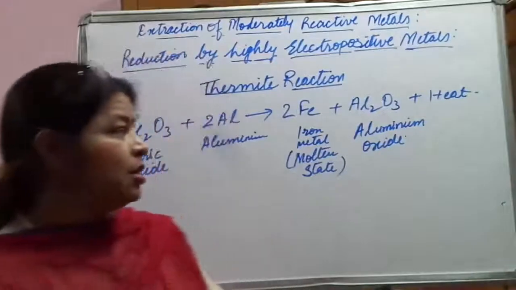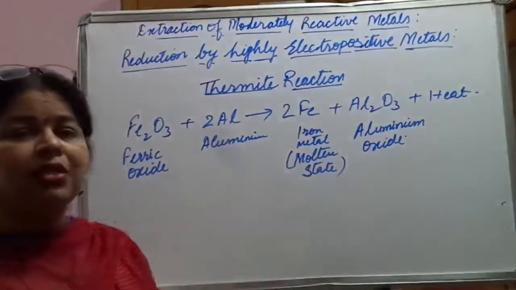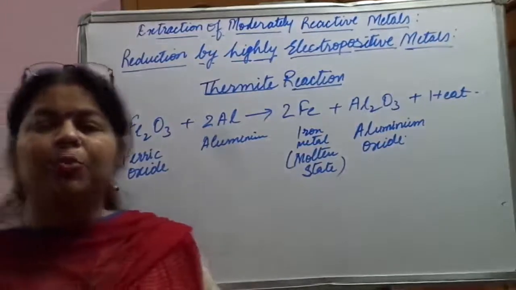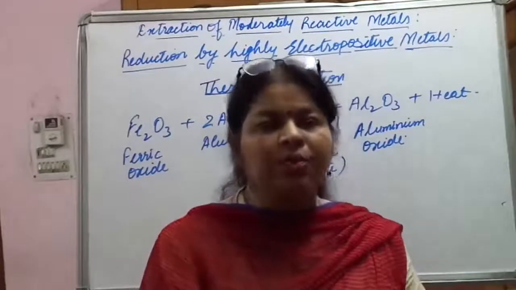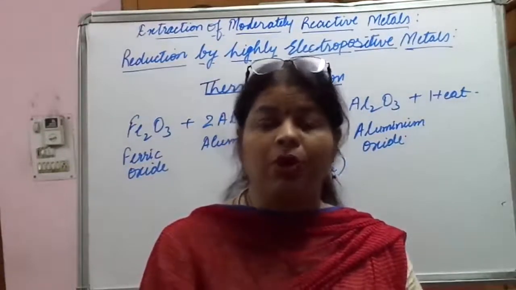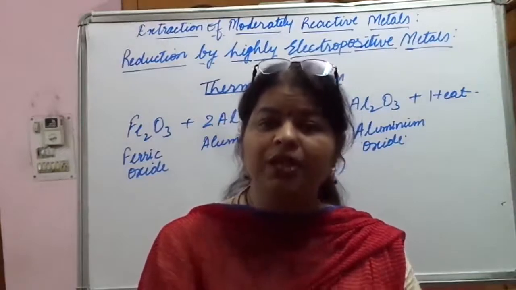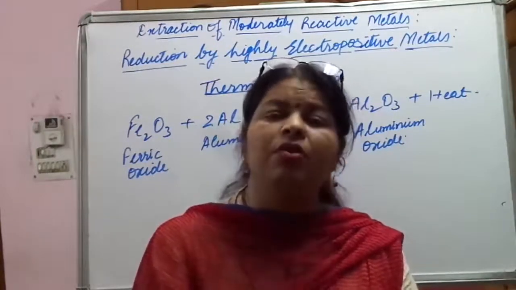So what is the thermite reaction? You need to tell it. The question is often asked: what is the thermite reaction? Explain with a chemical reaction. A mixture of ferric oxide and aluminium powder is ignited with the help of a burning magnesium ribbon.